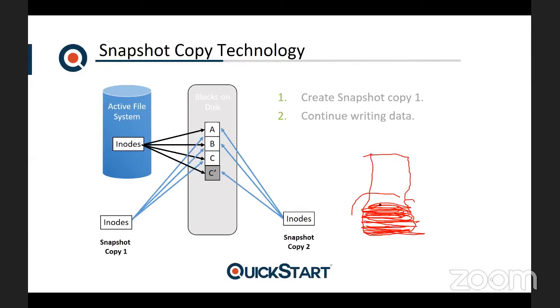So if we don't really understand how snapshots work, this becomes a little disconcerting when we're first working with the NetApp system. So what do I do to really free up that space? I've got to delete snapshots. If I delete snapshots, then I would be clearing out all that space.